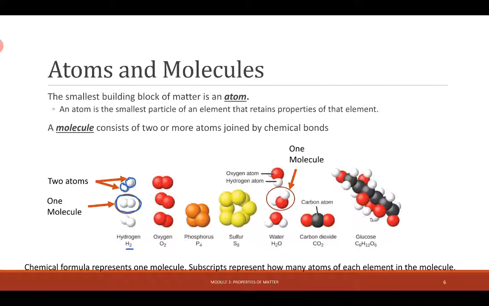You can also make more complex structures like glucose. Glucose is 6 carbons long with lots of oxygens off of each, 1 oxygen and 1 hydrogen off of that. So 1 molecule of glucose looks like this.